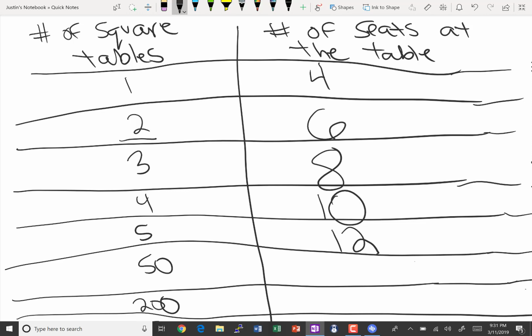I'm going to give you a couple seconds. And remember, think about the title, multiplication and division, when figuring out what the pattern is for this box. So you can figure out 50, 200. Once you figure it out, it's really easy.